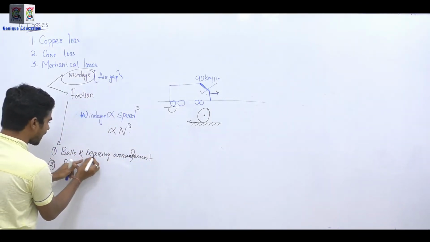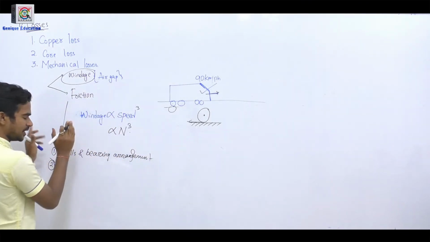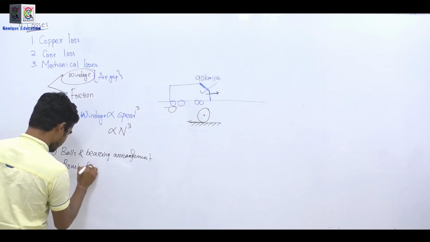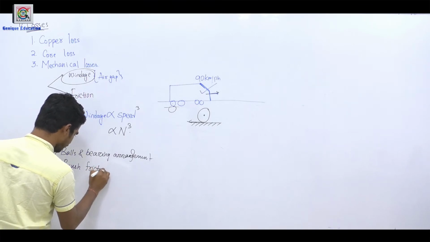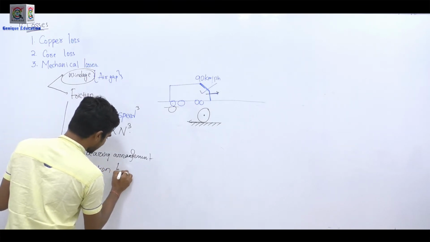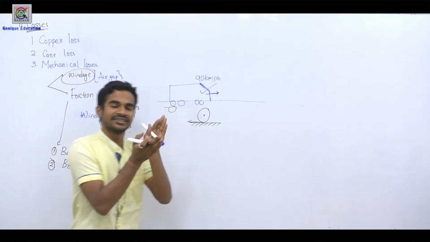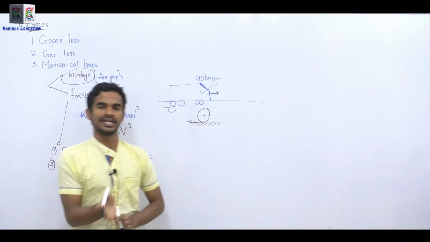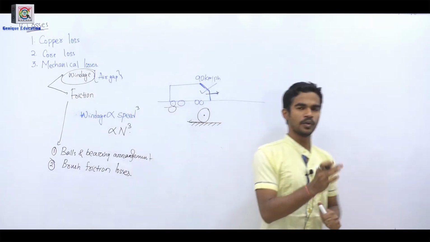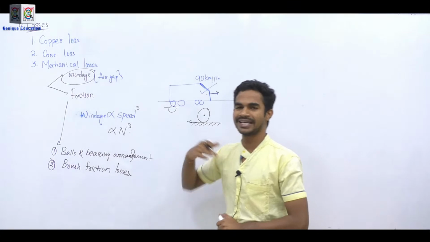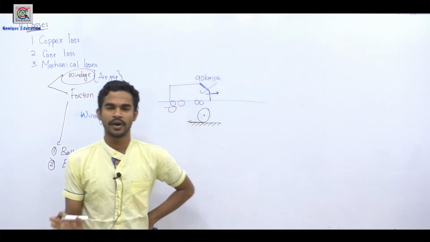So balls and bearing losses, where it occurs. Now write down the brush friction losses. Brush friction loss is due to the contact between your brush and the shaft. I am talking about your slip ring induction motor or wound rotor induction motor. I am not talking about a squirrel cage induction motor. Getting my point?